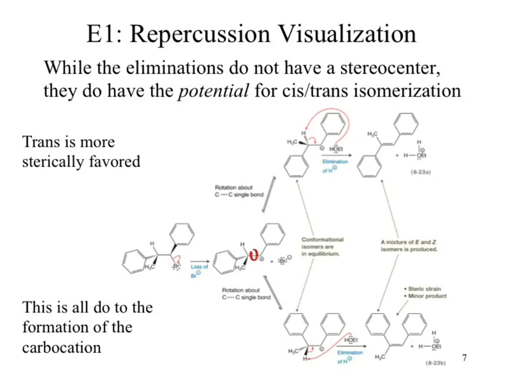So in our very first step for the E1 elimination, we lose the leaving group, forming a carbocation. At that point, around that carbon, what type of bonds do we have? So there's our carbocation. What types of bonds are around the carbocation?